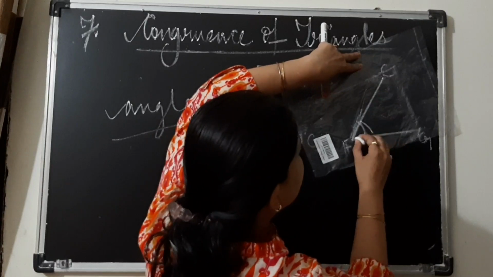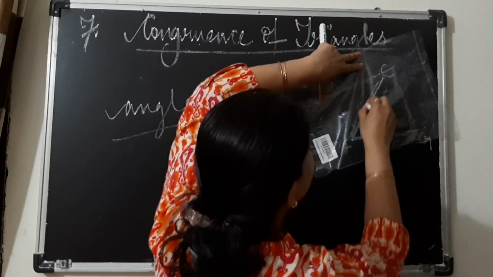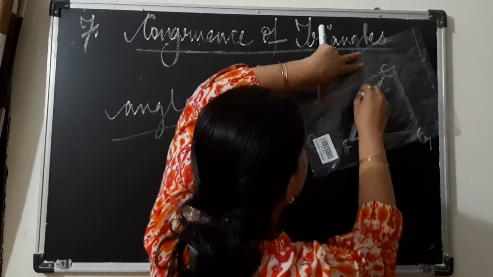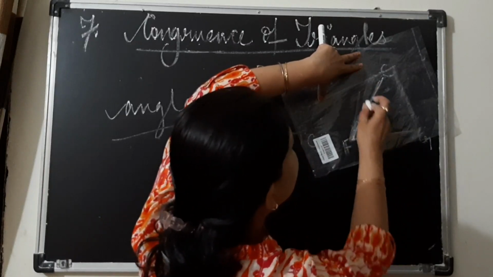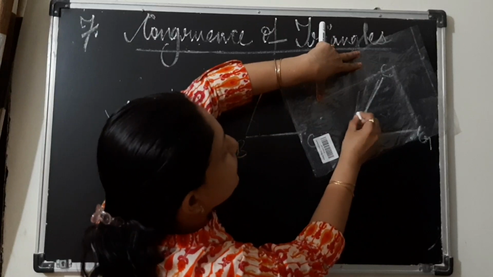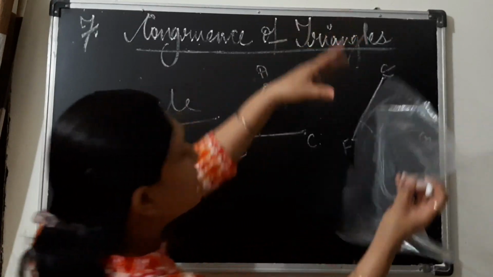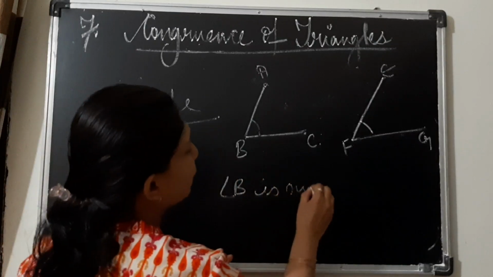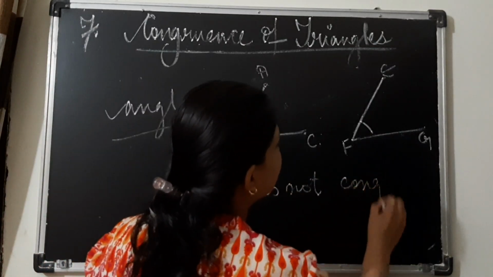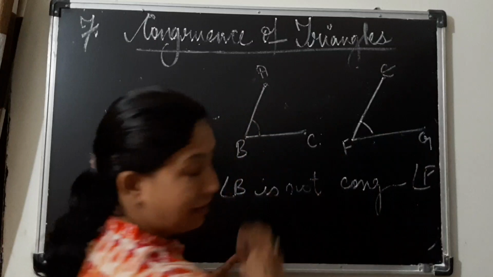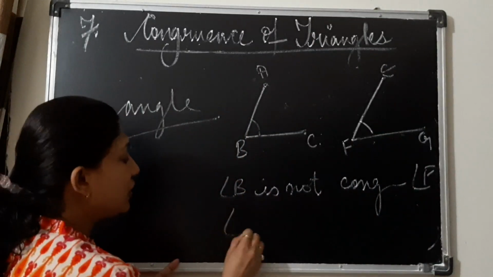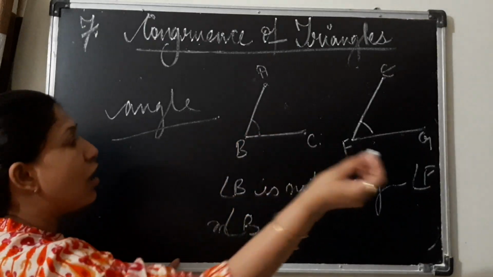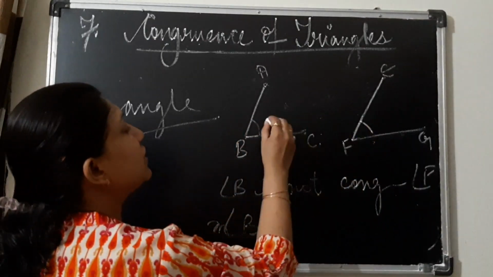Now see, is it congruent? See, this line is here and the angle B, see, it is here. Got it? That means, see, there is a difference of this much angle. So what do you see here? That angle B is not congruent to angle F. Why? Because the measurement of angle B, whatever it is, you can also measure it with a protractor.